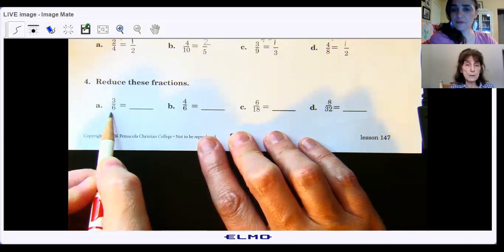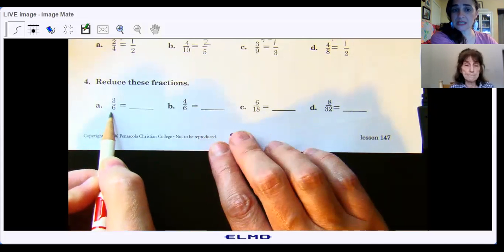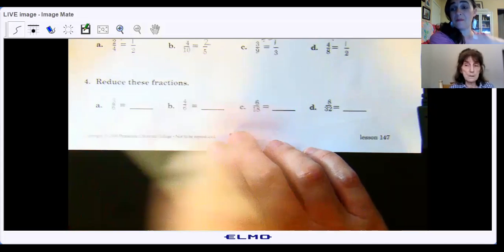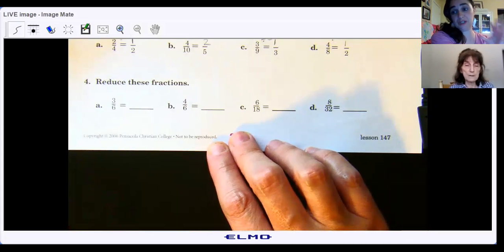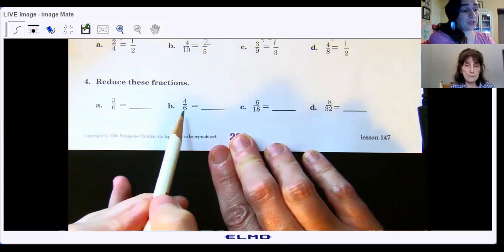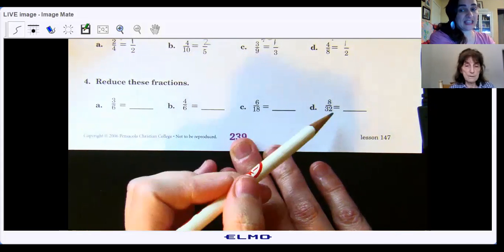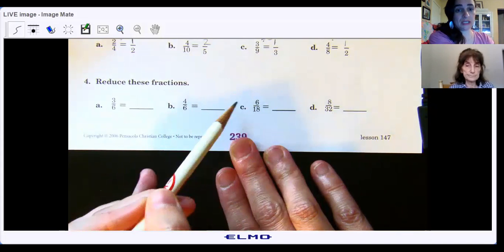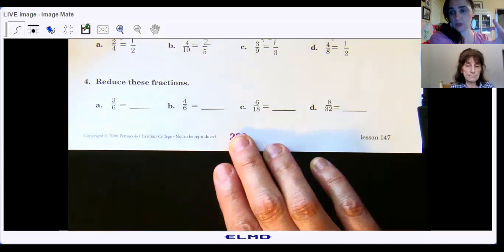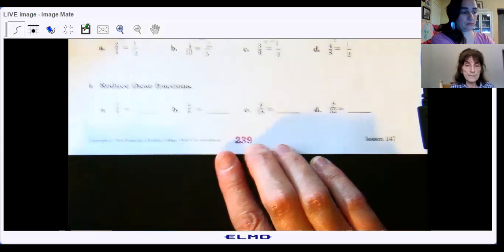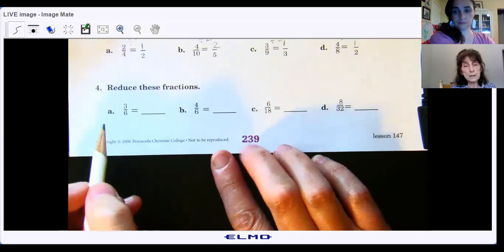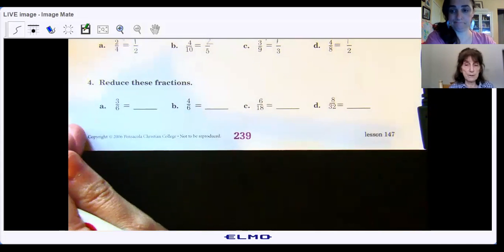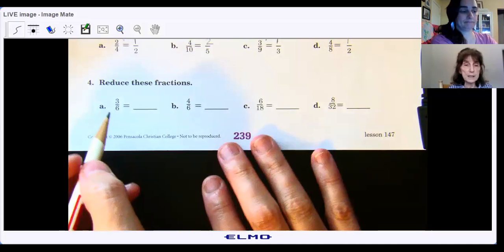And when you're reducing fractions, if possible, to get the lowest term, you want to think of the largest number that you know. Because when you get to one like this, there's going to be a couple things that can go into it. But you're looking for what's the largest number you know that can go into both. And if you can't think of one, try the numerator. Always try the numerator if you can't think of one.